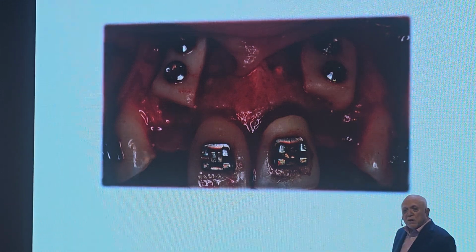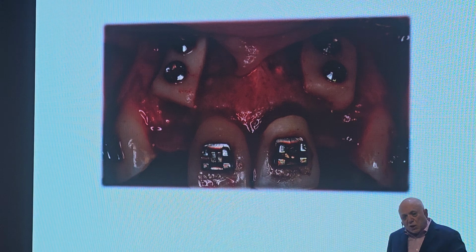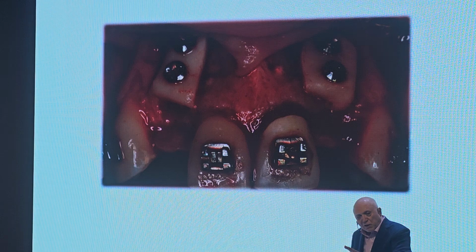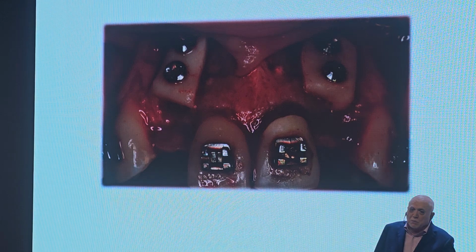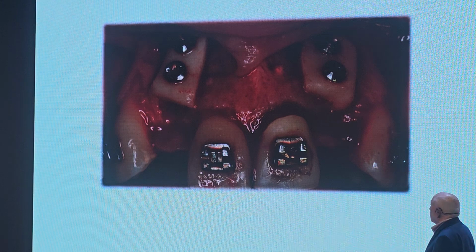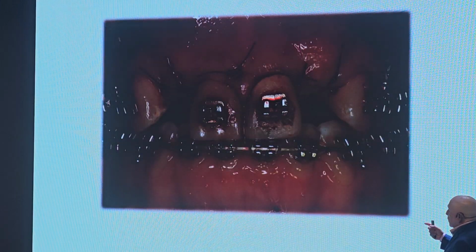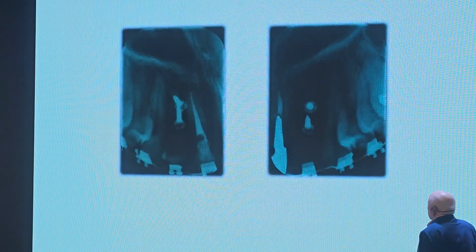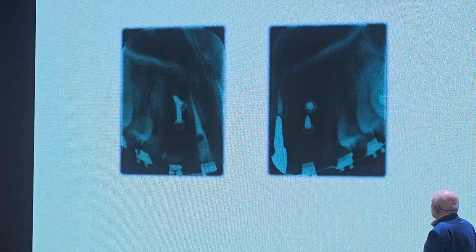So what we are doing is using this autologous bone, putting it in the patient, in the missing lateral area. I can do this in the premolar area, anywhere. Suture it back, and basically start treating the patient.